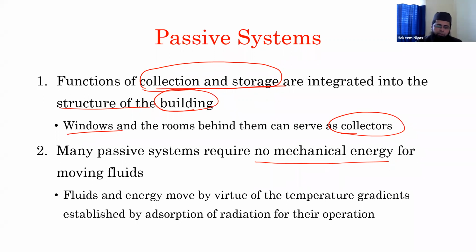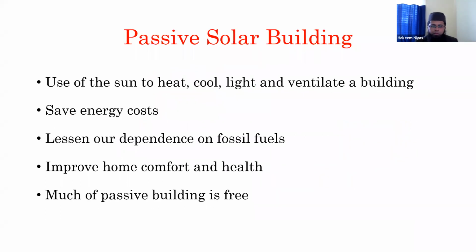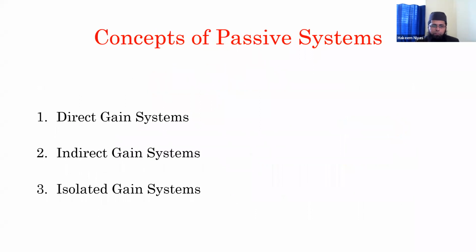It may move only through natural convection, temperature gradients, or radiation heating. So it has much more benefit because we are not even running a pump. So it is much more environment friendly.